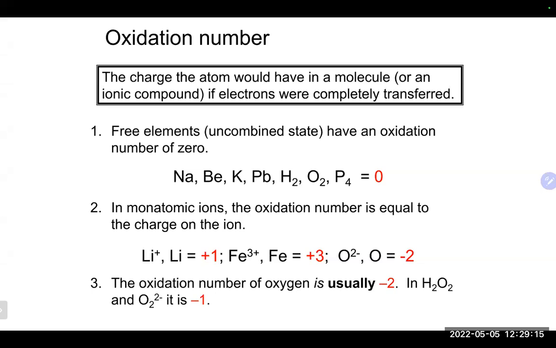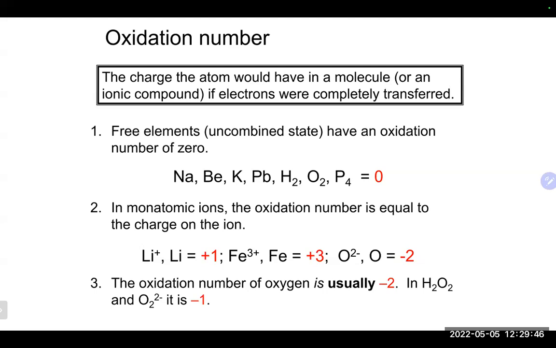But where oxidation numbers really are different than we may have learned before is when we're dealing with covalent bonding and covalent molecules sharing electrons. When elements in a compound share electrons, they take on a different sort of charge, if you will, based on how many electrons and bonds are involved. And that's what the oxidation number represents.